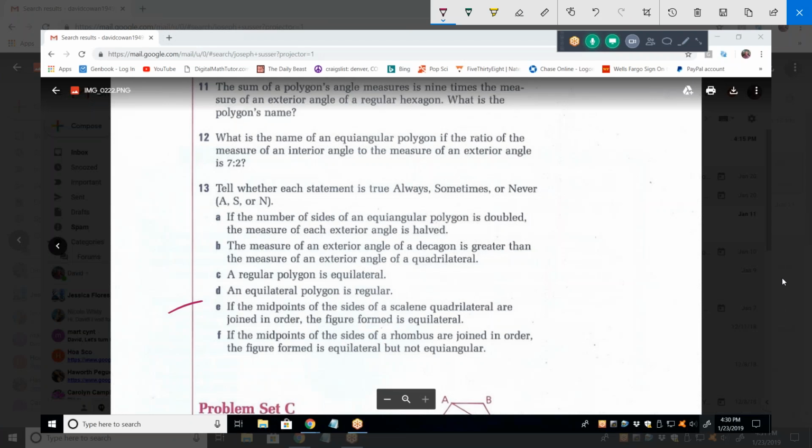I may have led you astray when I drew a bunch of scalene quadrilaterals and they all looked like they formed equilateral quadrilaterals. And I kept telling myself, well, this is really amazing if it's true, that you could have a scalene quadrilateral, connect the midpoints, and that's an equilateral.